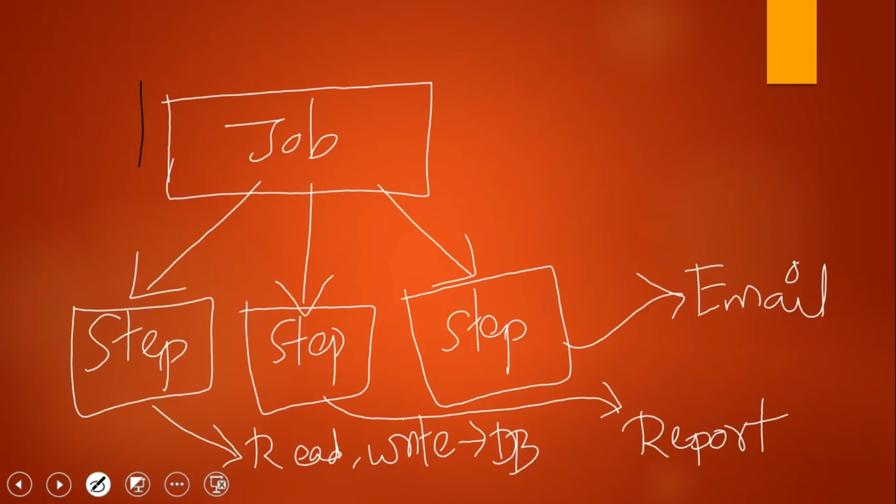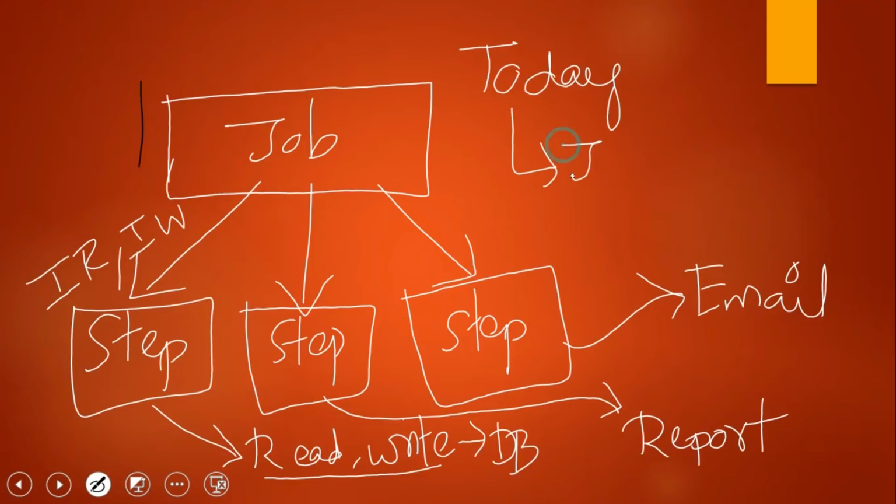The item reader and item writer come into the reading and writing part, in the step where it reads and writes the data to the DB. As for the job instance, for example, if I want to run the job today, it will create a job instance for today by taking the parameter as September 30, which could be a date.